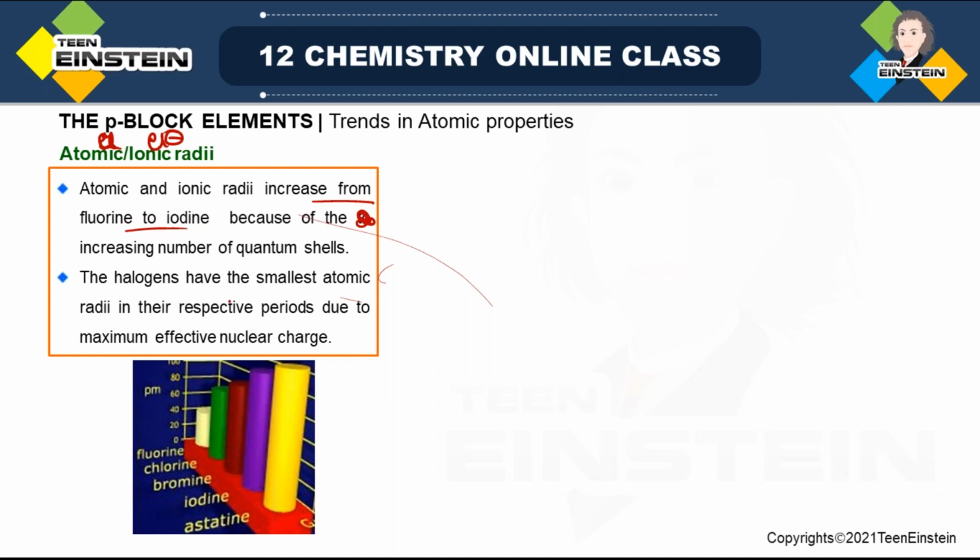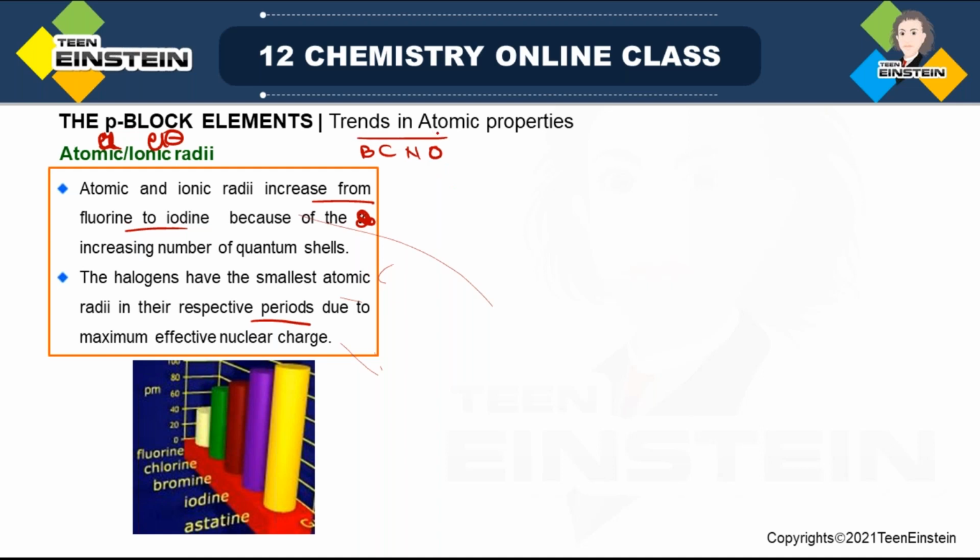Now halogens have the smallest radii in their respective period. Period means, suppose you have considered the second period: boron, carbon, nitrogen, oxygen, fluorine. The last element, that is fluorine, will have the smallest atomic radii.